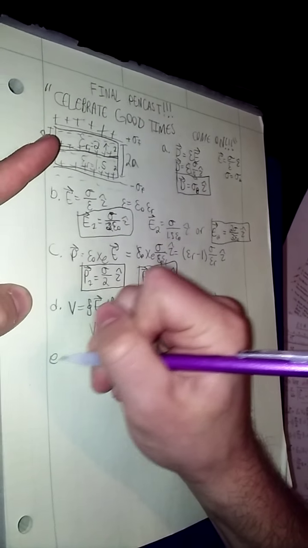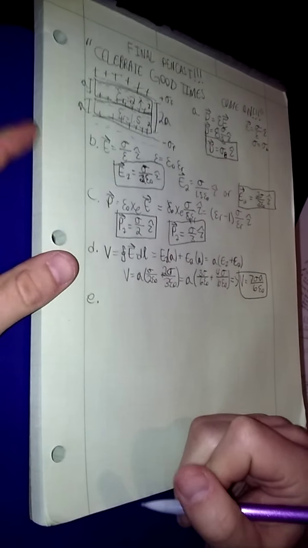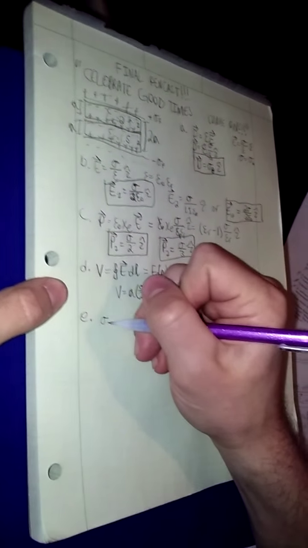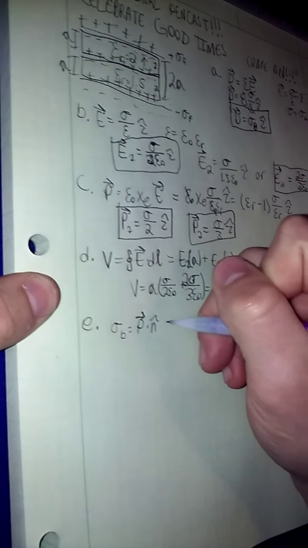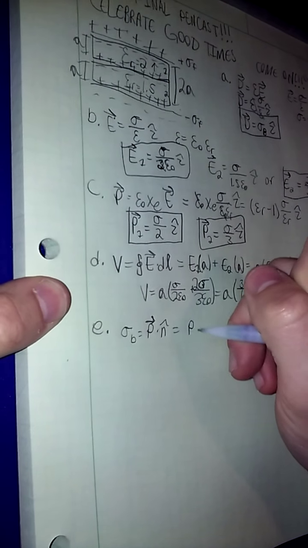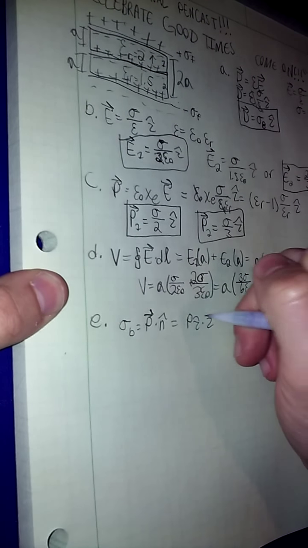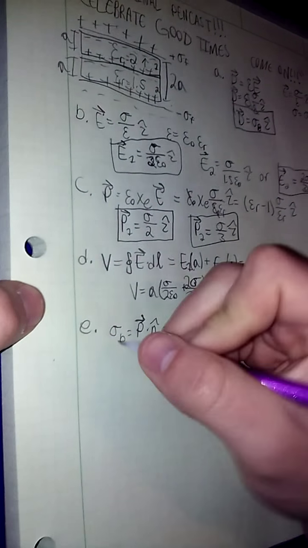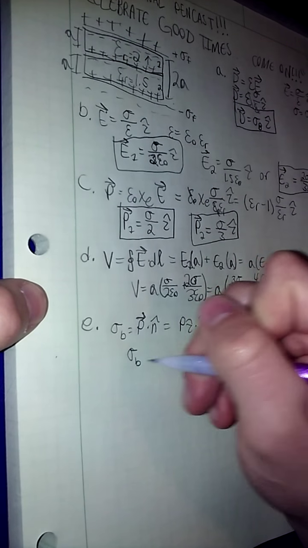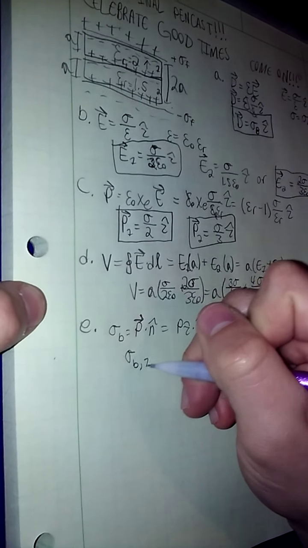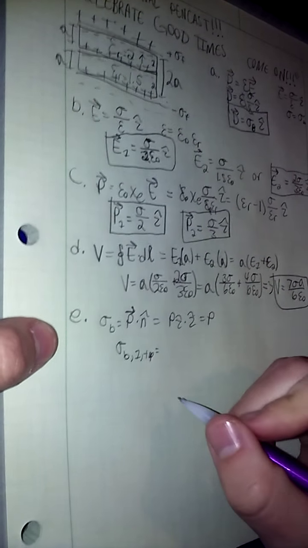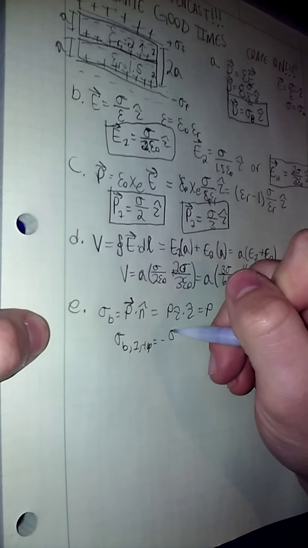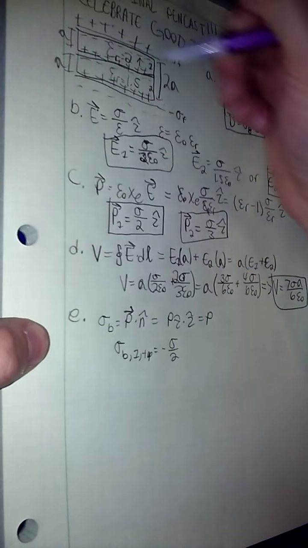That's part D. Part E, find the bound charges. Sigma bound equals P dotted with n hat, which is P in the z-hat, dotted with z-hat, which equals P. So sigma bound for the first slab on top equals negative sigma over 2, since it's negatives.